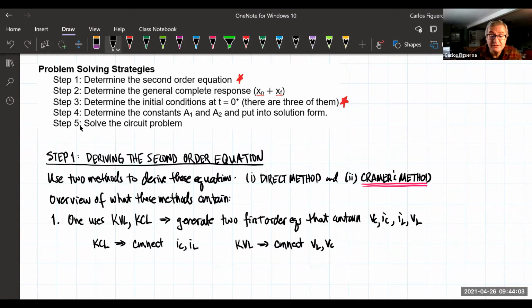Once you do this, you're going to have two first order equations with four variables.